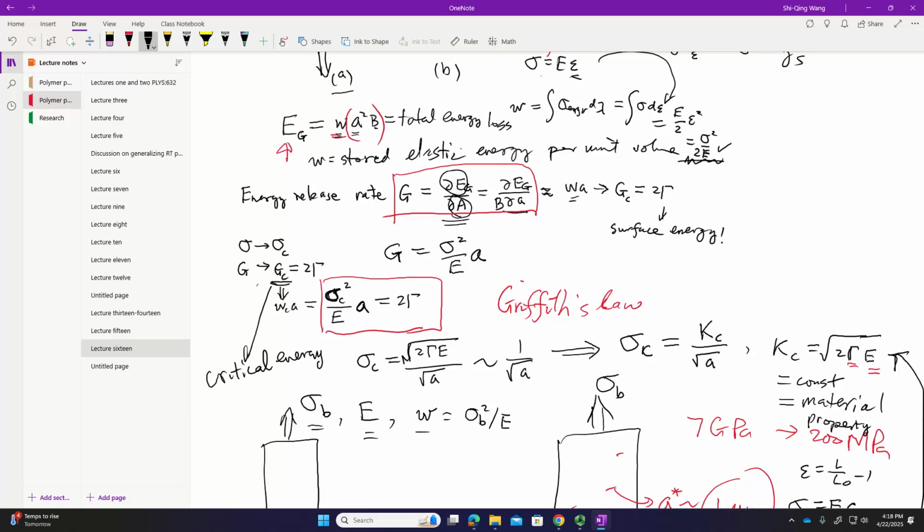This critical energy release rate is when this G reaches some threshold, which Griffith teaches us should be what the surface tension prescribes.